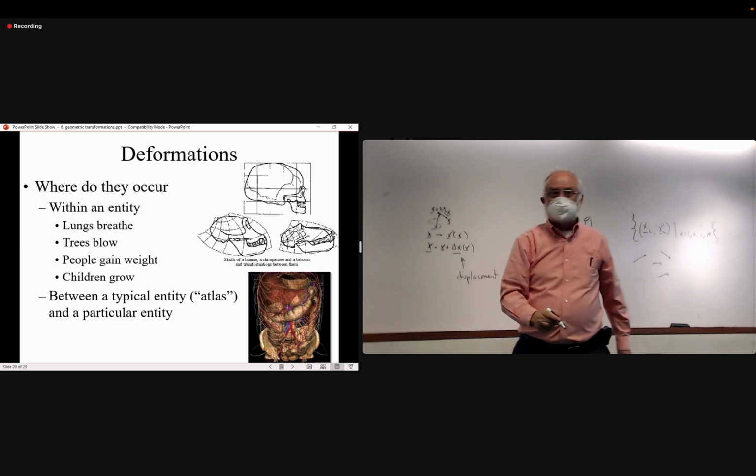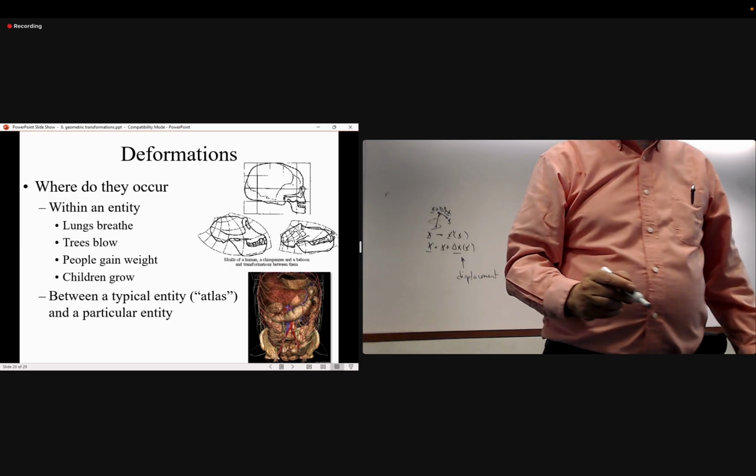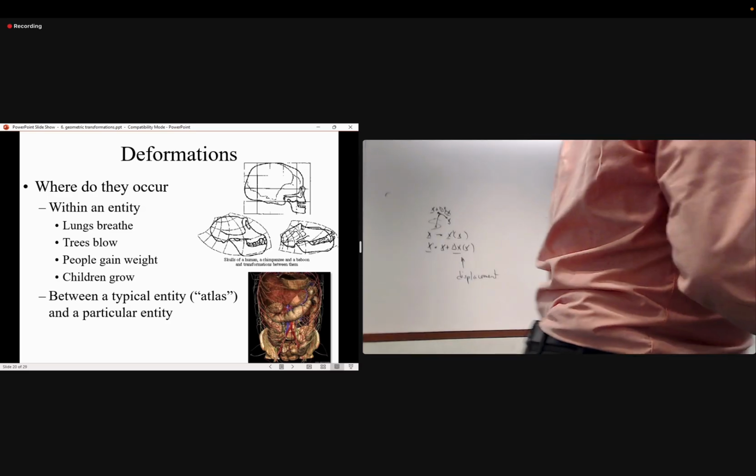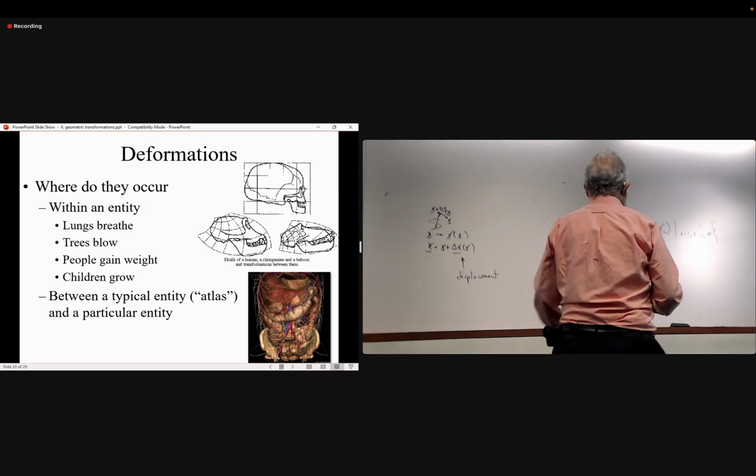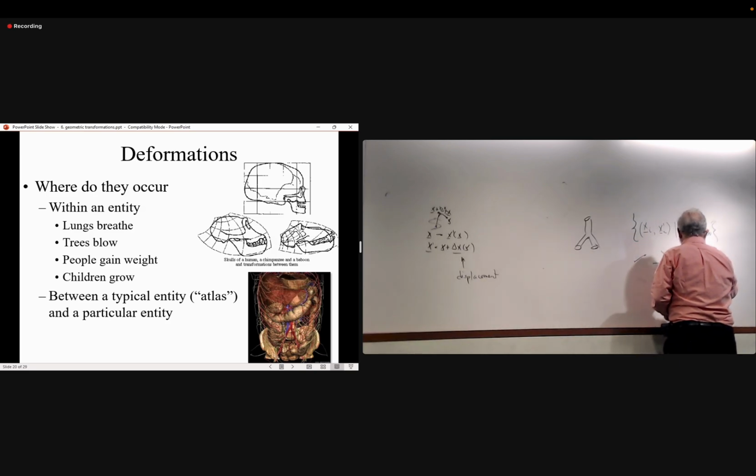We have a bunch of displacement vectors, and so xi moves to xi prime, which is xi plus delta xi of xi.